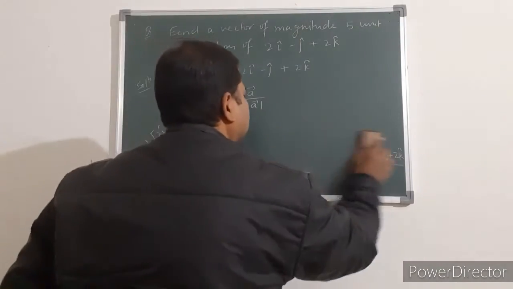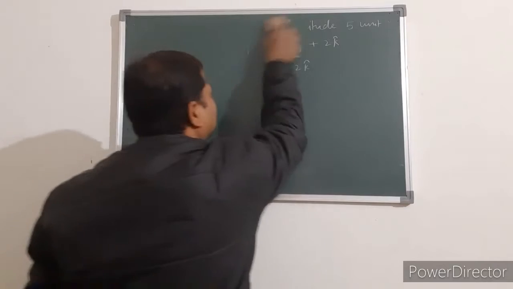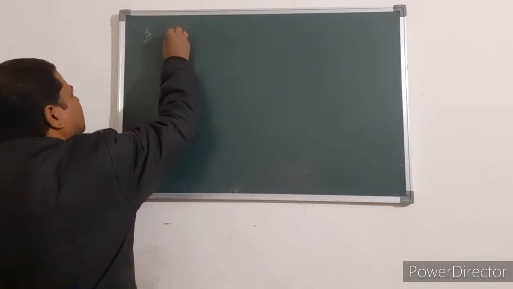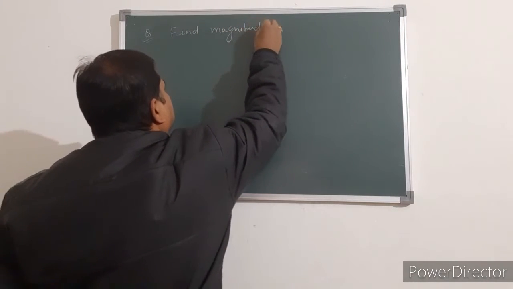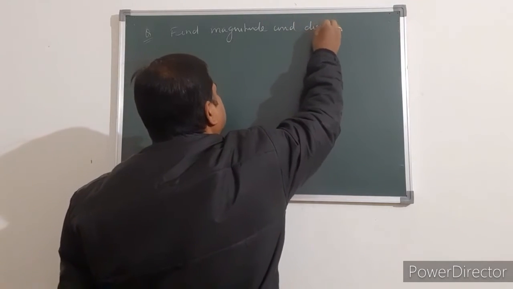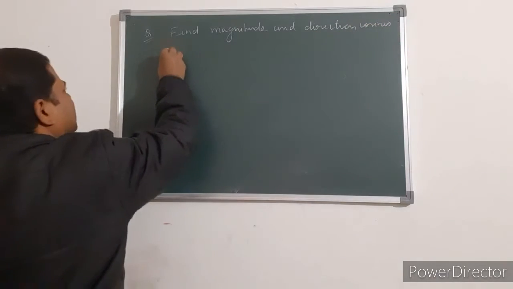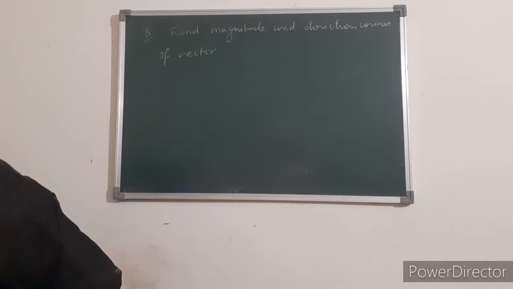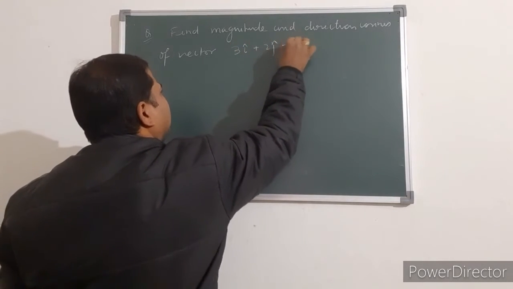Now next one: find the magnitude and direction cosines of the vector given by 3i cap plus 2j cap plus 6k cap.